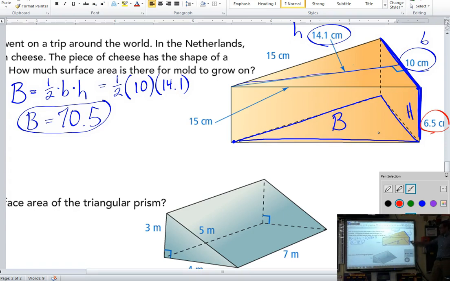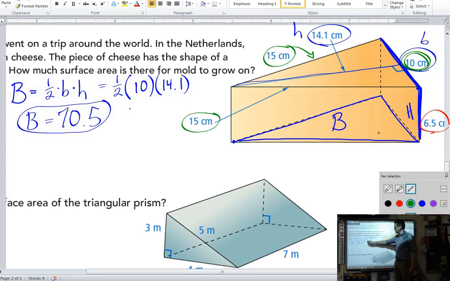Oh, no. That 6.5 is actually the big H. You'd have 10 and 15. Yep, this 15 relates to this edge, and this 15 relates to that edge. So my perimeter is 15 plus 15 plus 10, which equals 40.